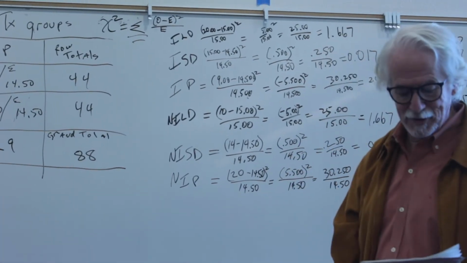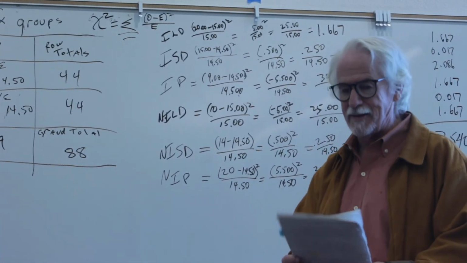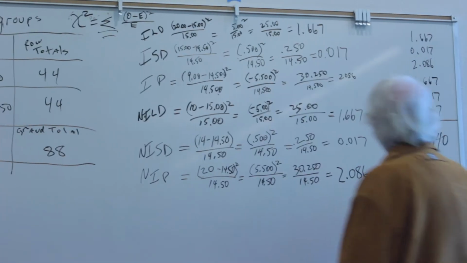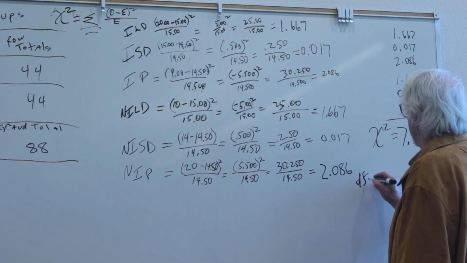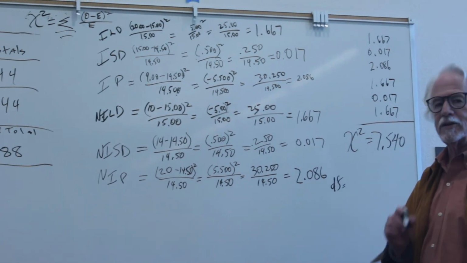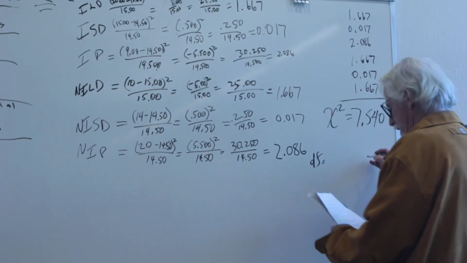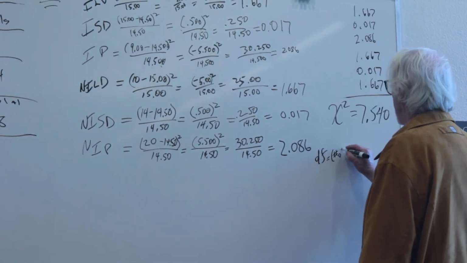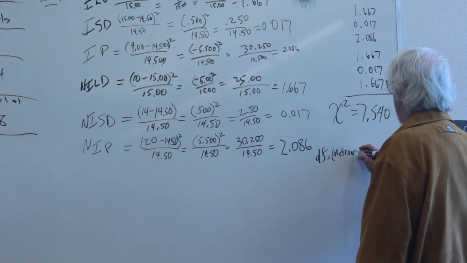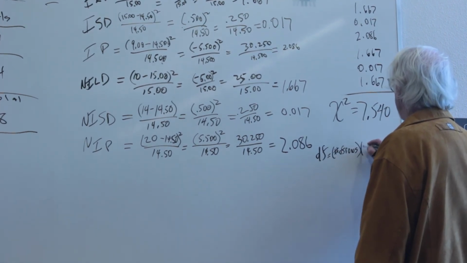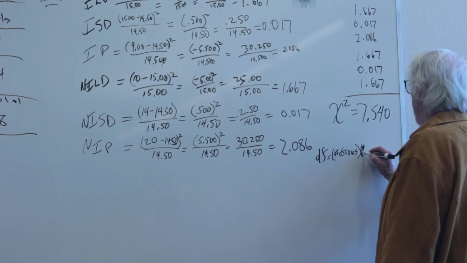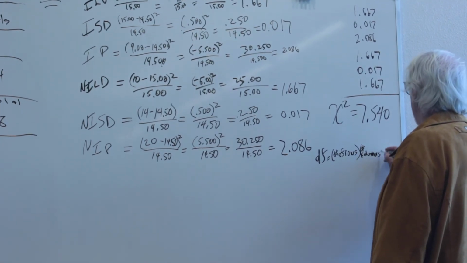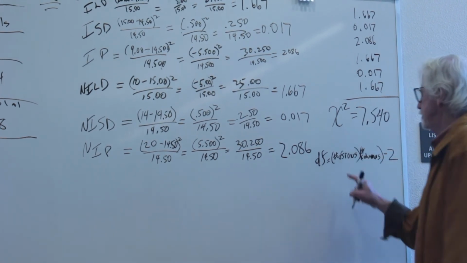And we're going to do the same thing we've been doing. We're going to go to the table, table 11, and do the same thing. So what we need is our degree of freedom. In this case, our degree of freedom is the number of rows times the number of columns minus 2.